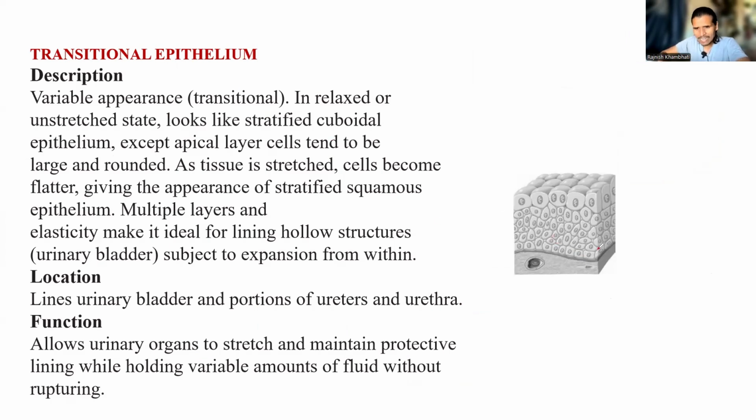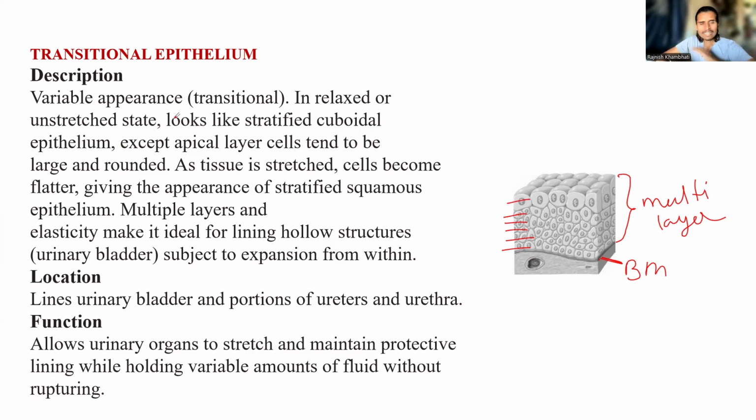What do you see in the diagram first? This is the basement membrane at the downside. And you can see that these cells are multi-layer, more than two layers. 1, 2, 3, 4, 5, and almost 6 layers are there.